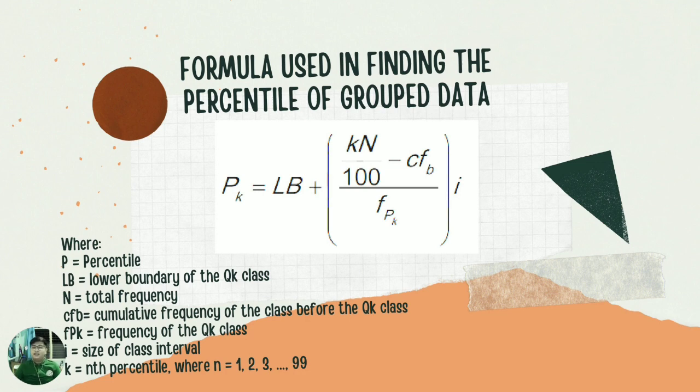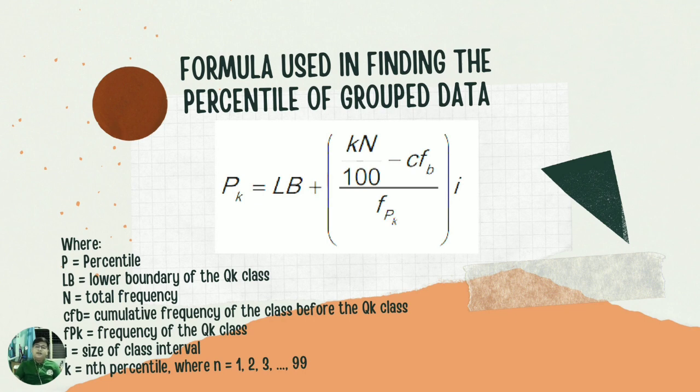It is divided by 100 since percentile is 100, unlike quartile which is quarter and decile which is 10. Minus the cumulative frequency of the class before the Qk class, over the frequency of the Qk class, times the size of the interval.